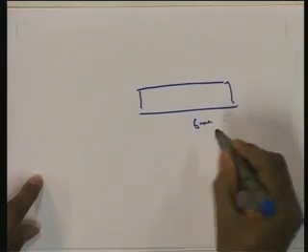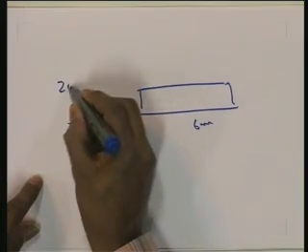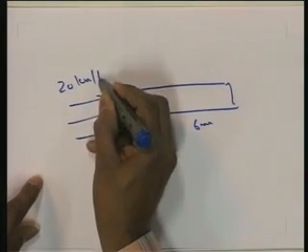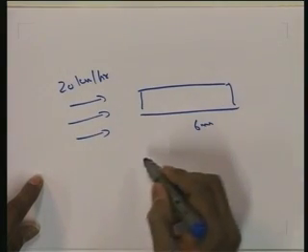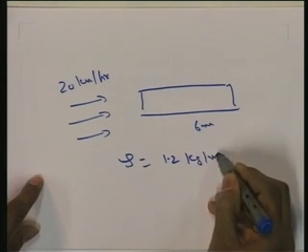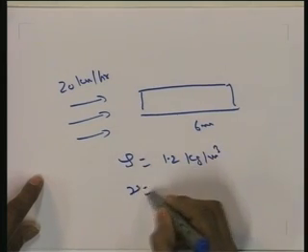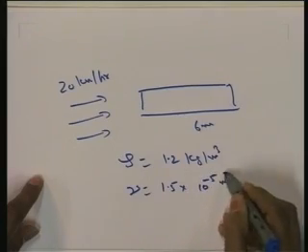So, here we have a flat plate of size 6 meter, and a 20 kilometer per hour wind is coming. The density of the air rho is 1.2 kilogram per meter cube and kinematic viscosity is 1.5 into 10 to the power minus 5 meter square per second.